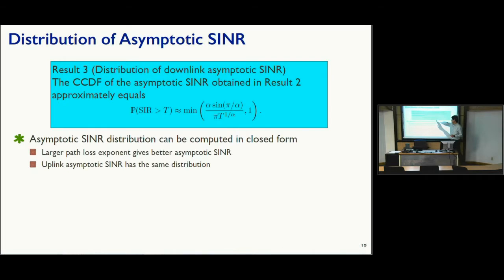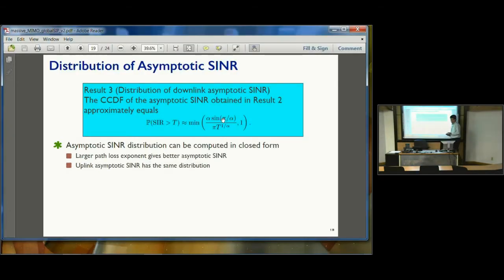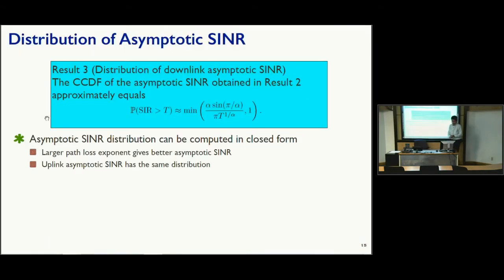Given the SNR threshold t, it is a decreasing function of alpha. If you have a larger path loss exponent alpha, the SNR coverage will become better. Intuitively, this is because if the path loss is higher, then the interference will decay much faster, so we have better asymptotic SNR.